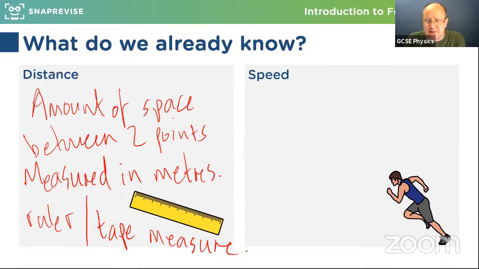So it's the space between 2 points measured in meters. 1 meter is how many centimetres? Great, thank you. So 1 meter is 100 centimeters. And how else can we write 1,000 meters? Just a quick reminder.